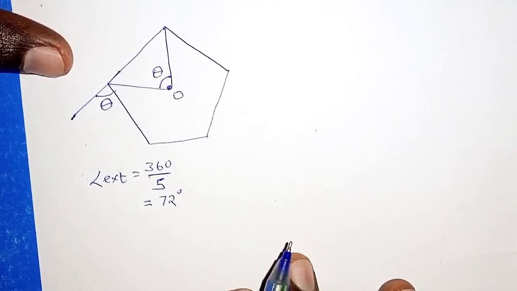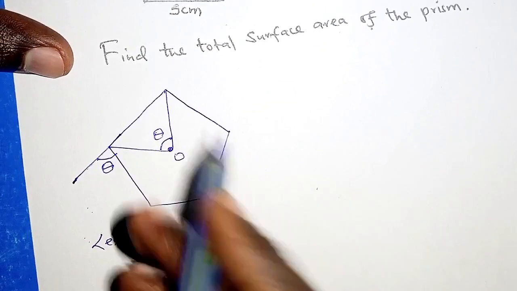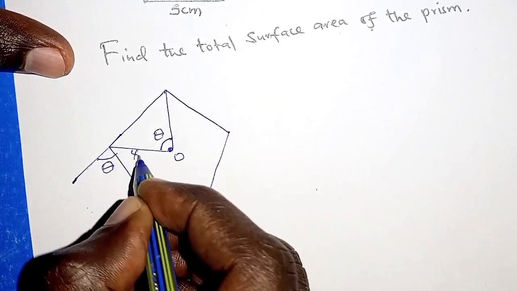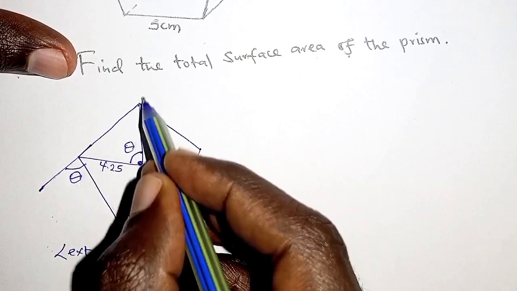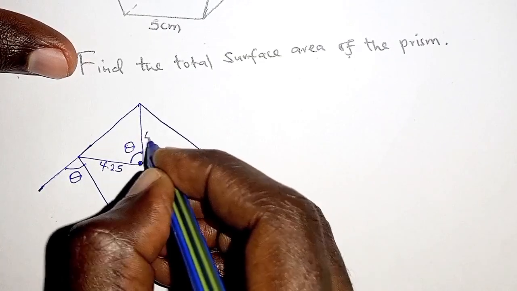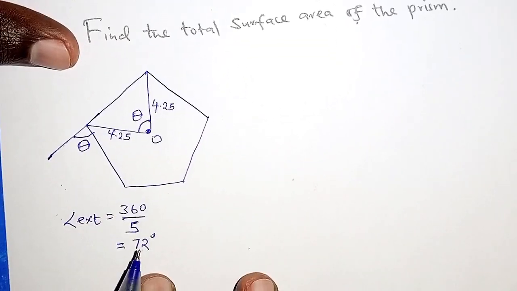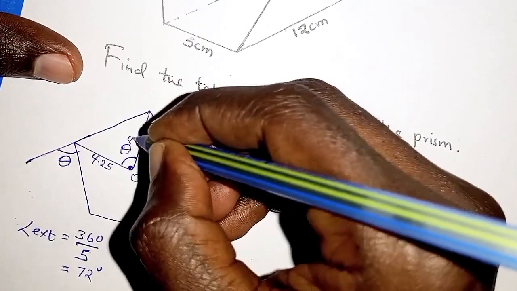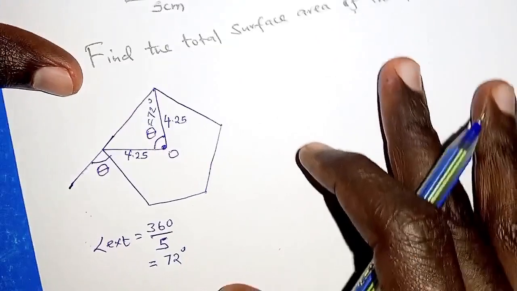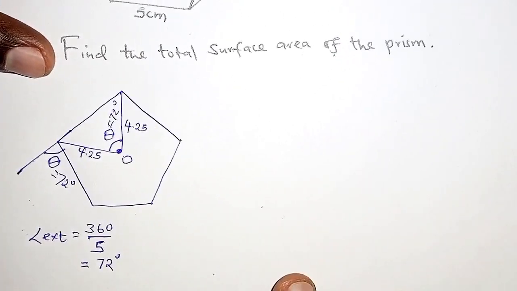That means for this particular diagram here, remember here we have 4.25 as given in the diagram, and this should be equal to this other length, which is 4.25 centimeters. And then the angle here we've already seen is 72 degrees because the exterior angle is 72 degrees.